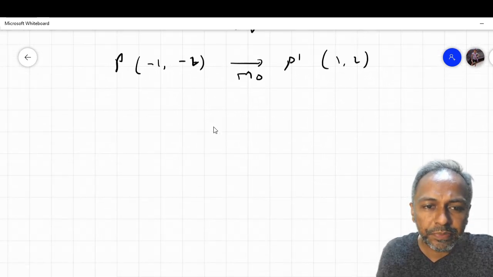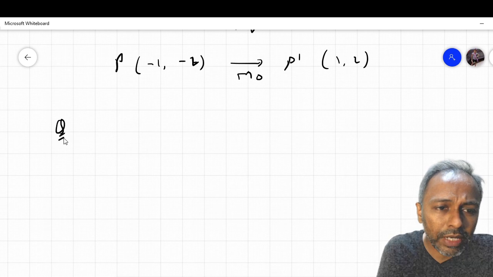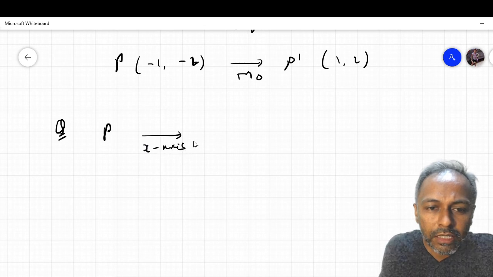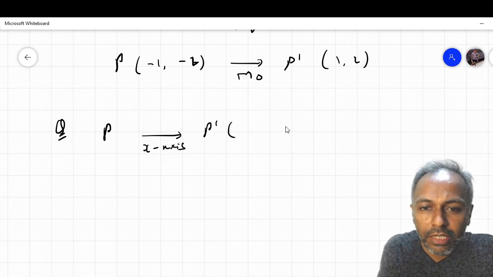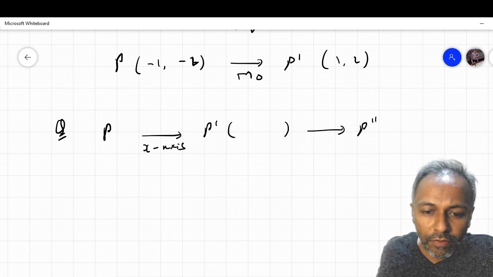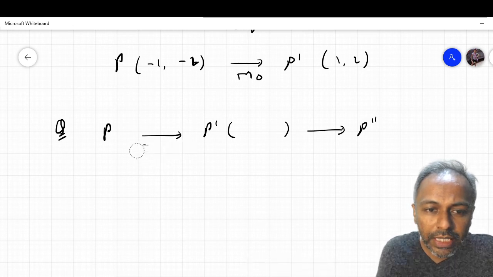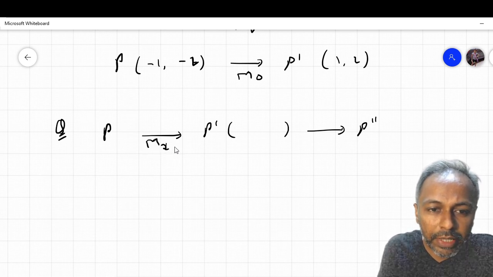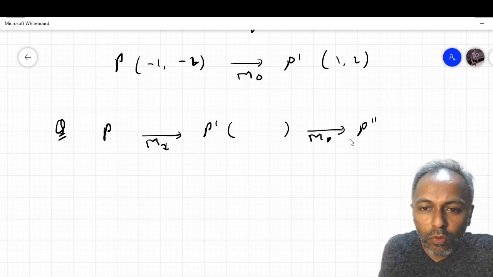Lastly, let us see what would have happened if a point P is reflected in the x-axis becoming P dash, and then from P dash let us transform it about the origin. So instead of writing origin and x-axis, let me write MX and MO.